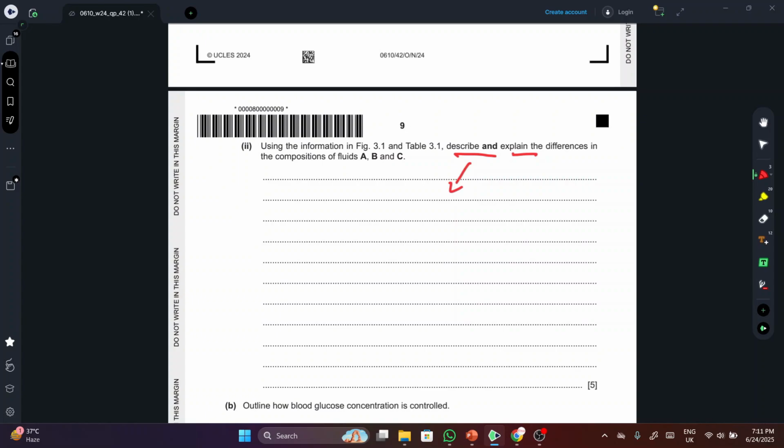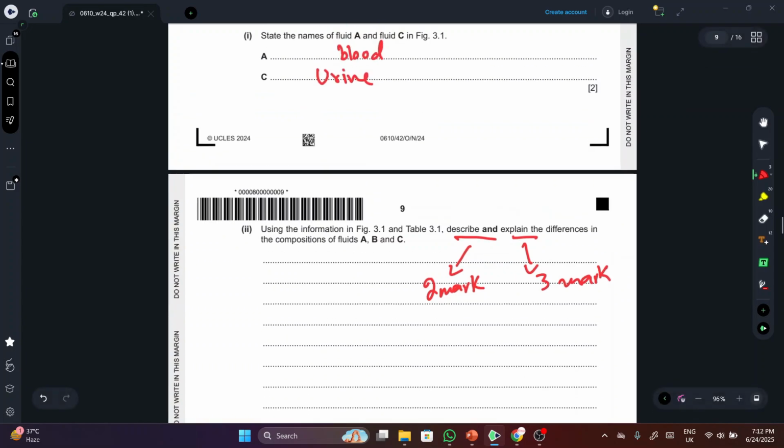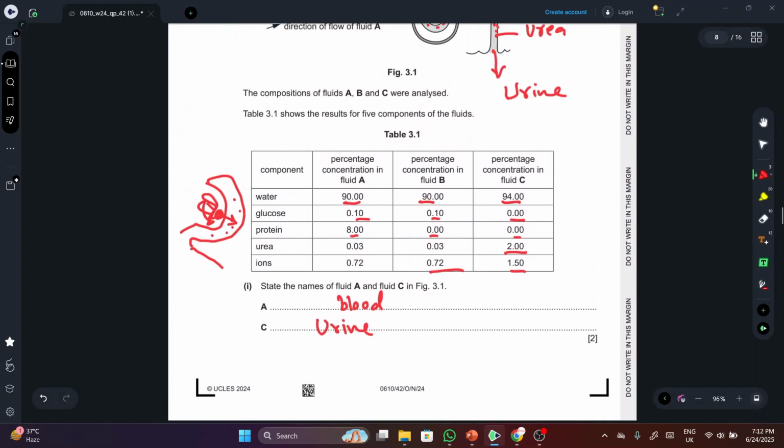So imagine that describe is having 2 marks and this one having 3 marks, because the examiner divides the marks like this. So if we look at that composition, you have to mention every part one by one, like glucose, it's reabsorbed. It's the same in A and B, but it is reabsorbed.